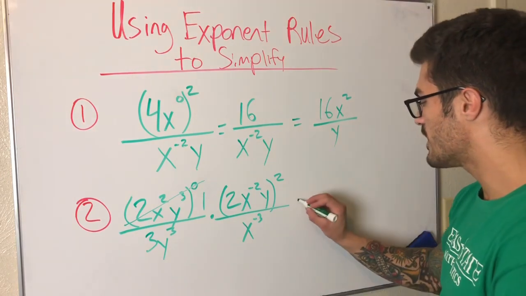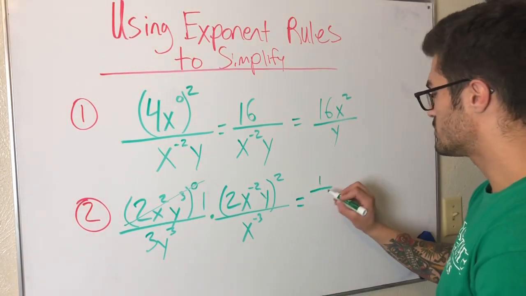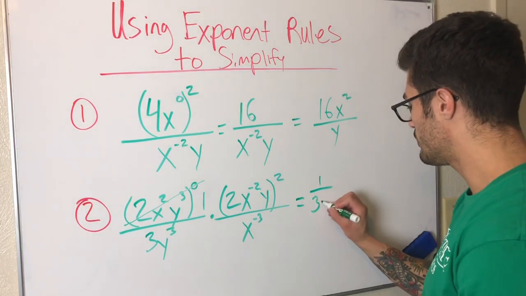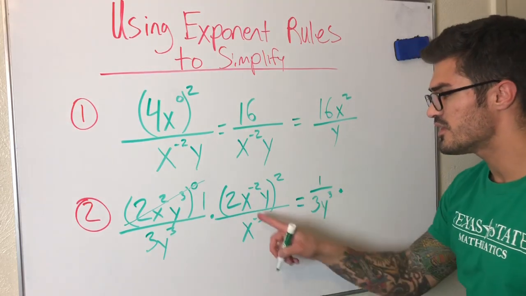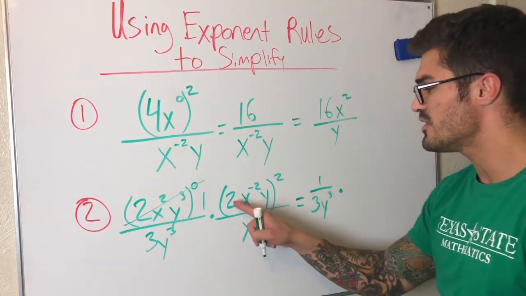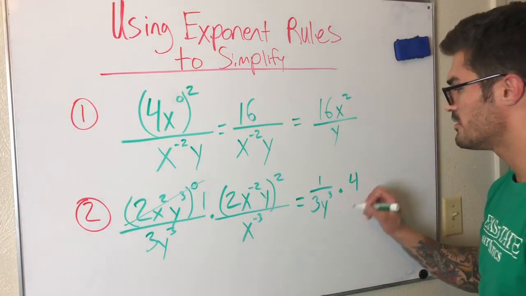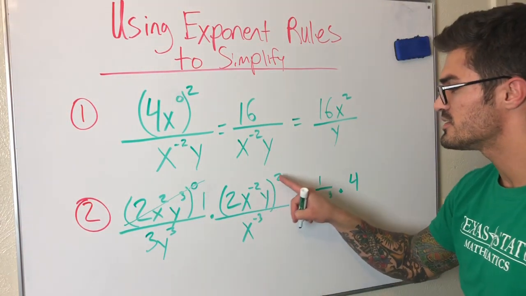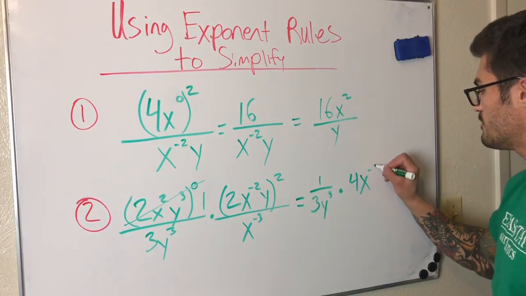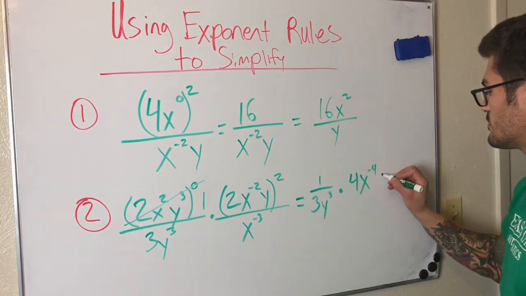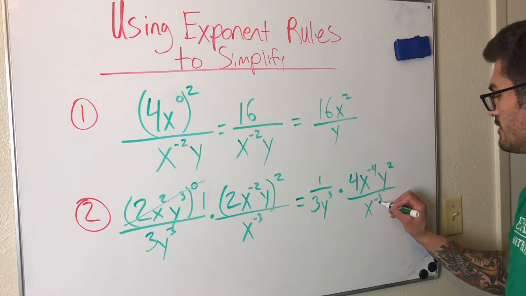So let's see, I'm going to write this equals 1 over 3y cubed. And I have this times, let's see if I can make this a little simpler. Everything in here gets squared. This 2 distributes, so it's going to be 4, and then x to the negative 2 times 2, remember my rules, x to the negative 4th, and then y squared, and that's all over x to the negative 3.